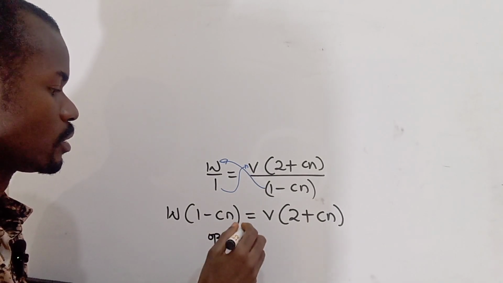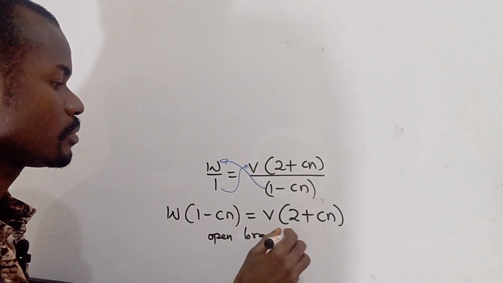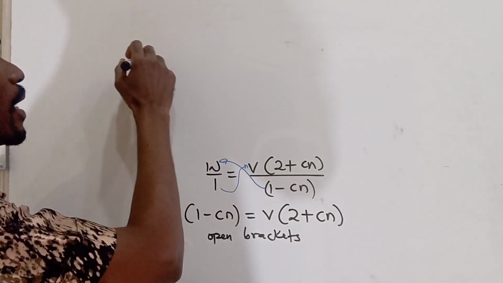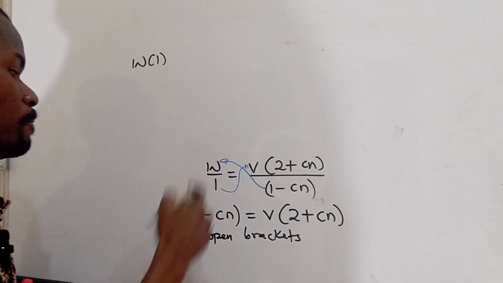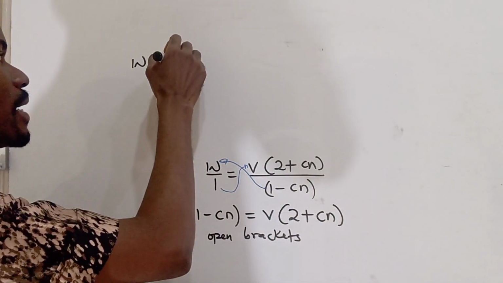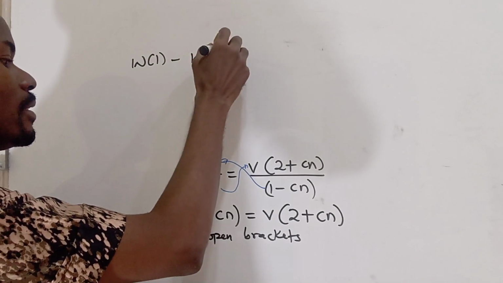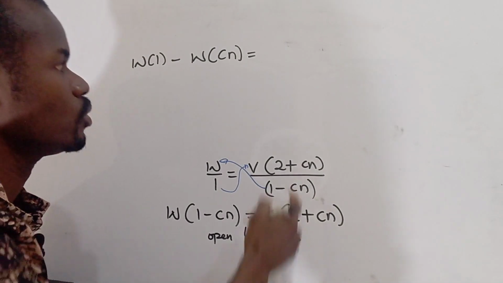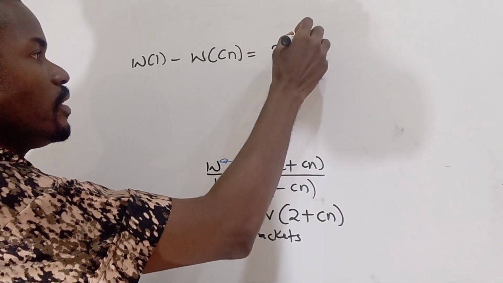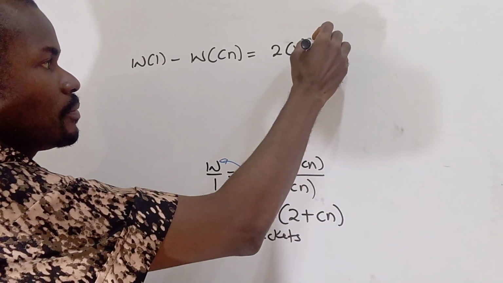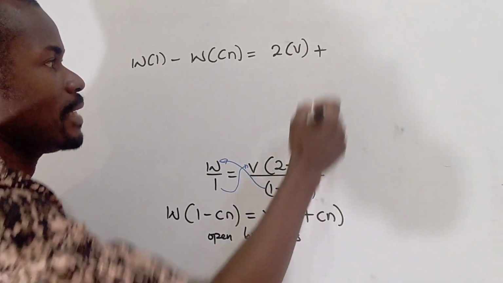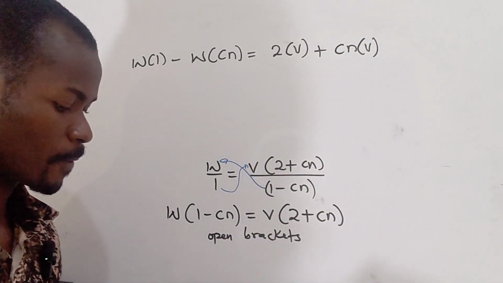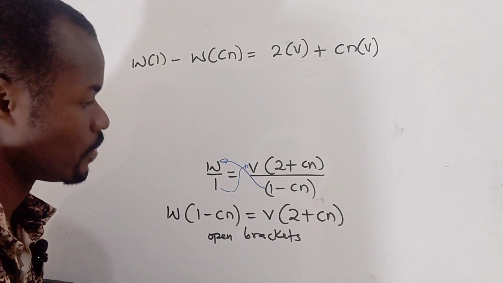To open brackets, W is going to multiply 1, so I have W multiplied by 1, and W multiplied by all this, so minus W multiplied by Cn, is equal to V multiplied by 2, so we have 2 multiplied by V, plus V multiplied by Cn. That's the new expression we have there on the board.